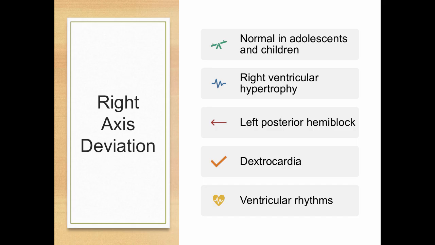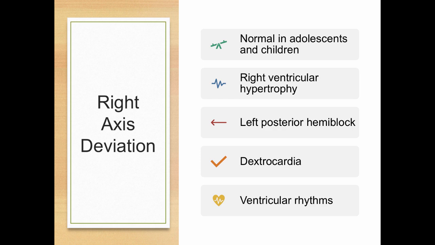I had a class a couple of years ago where we were doing 12 leads on each other, and did a 12 lead on one of the students, and it came out right axis deviation, and everyone freaked out. It's like, you know what? No, he's completely healthy. He's just younger and completely normal in the younger population.